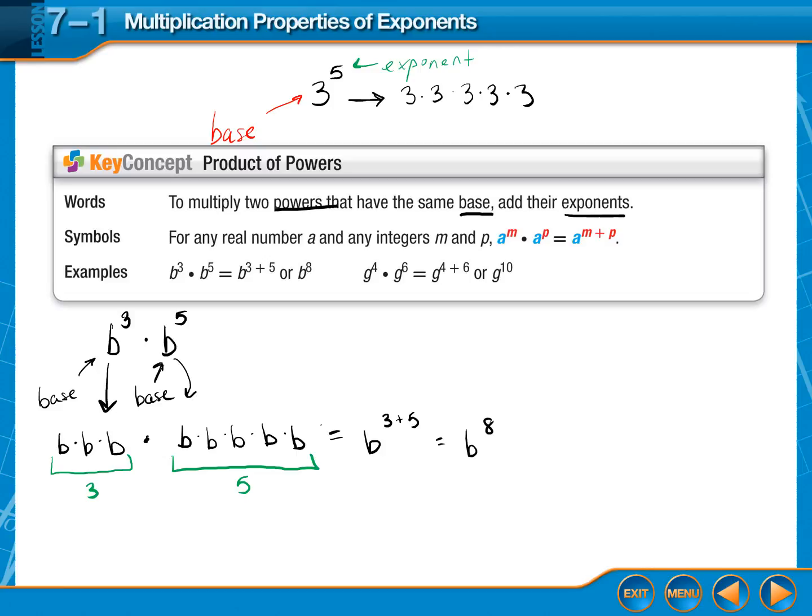That's what this property is telling us: when I am multiplying powers with the same base, I can add the exponents together to give me the total number of bases that I have. So 3 plus 5, or 8: 1, 2, 3, 4, 5, 6, 7, 8.